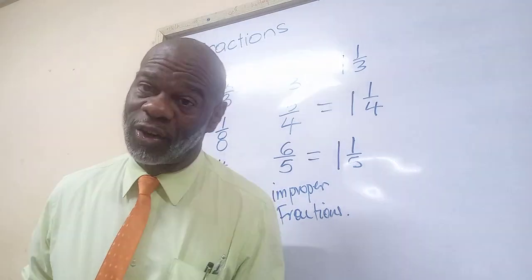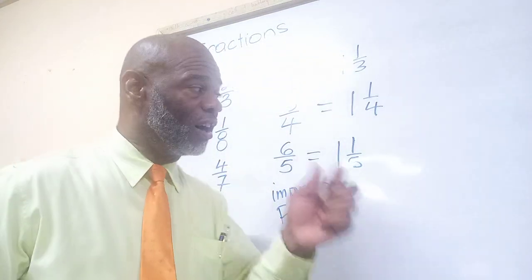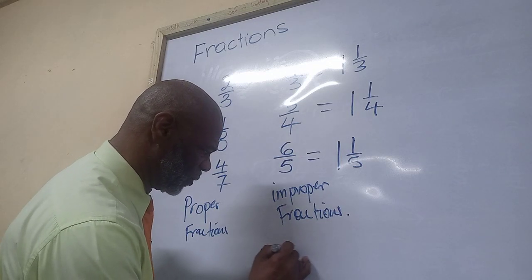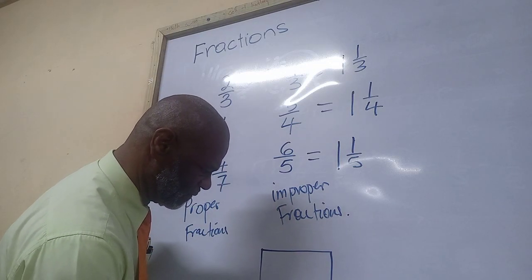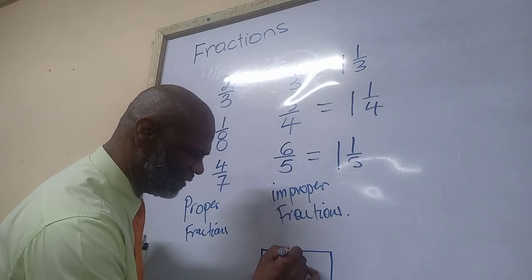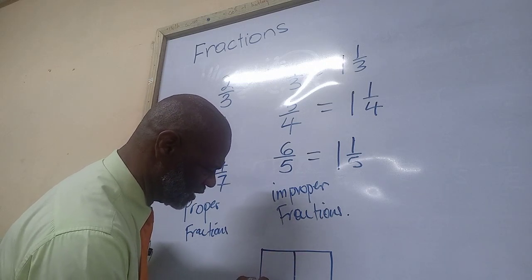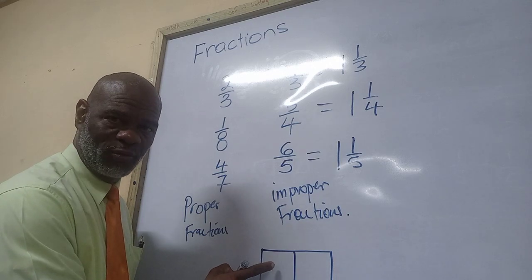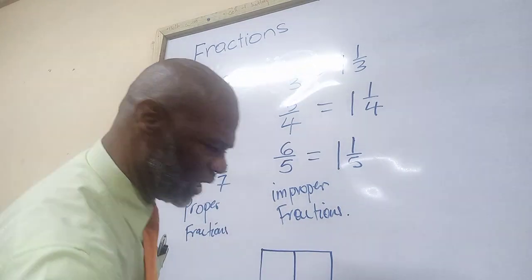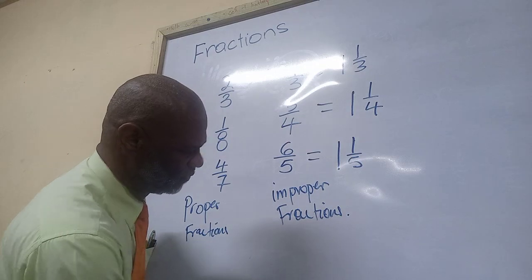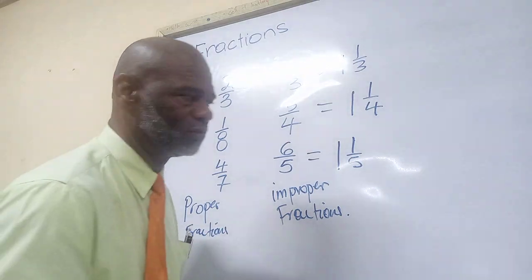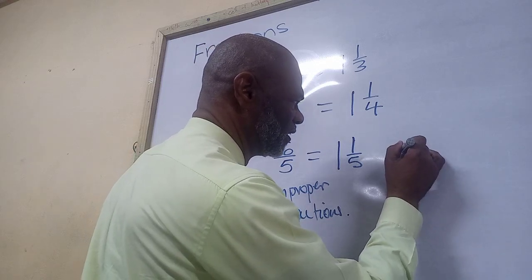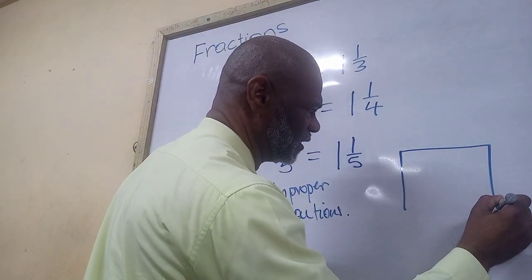Now, why do we call it a quarter? Because, okay, look. We have this box, and if I cut this box in 4, how many parts do we have?